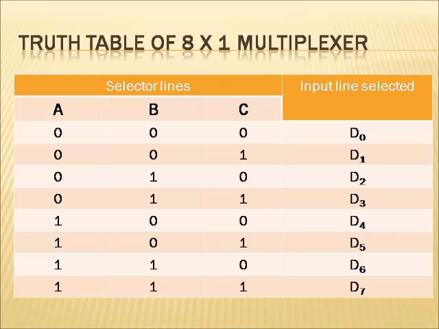Similarly, when A equal to 0, B equal to 0, C equal to 1, the D1 input line gets selected. And similarly, you take the case of D7. The D7 input line will be selected when A is equal to 1, B is equal to 1 and C is equal to 1.